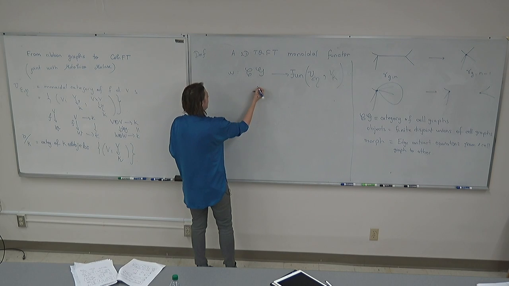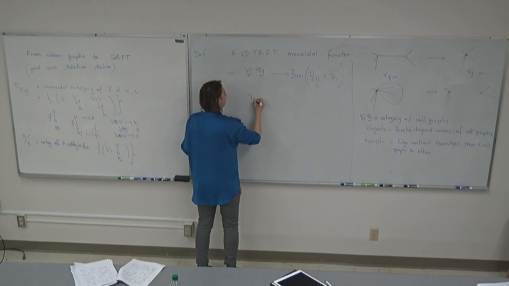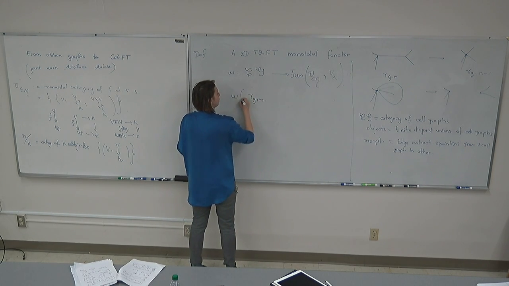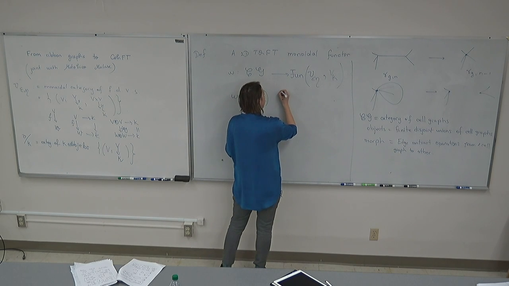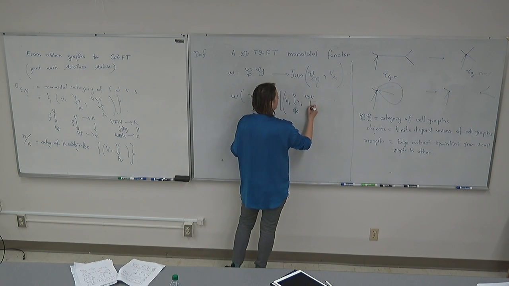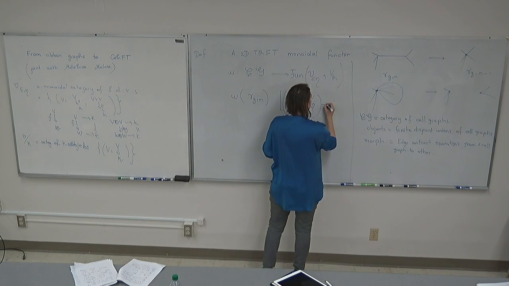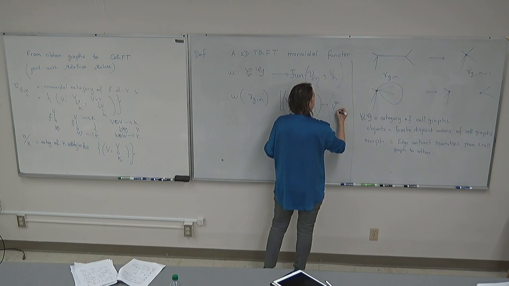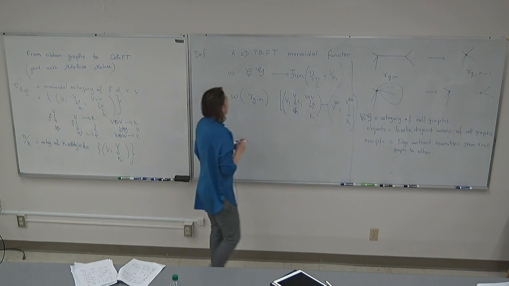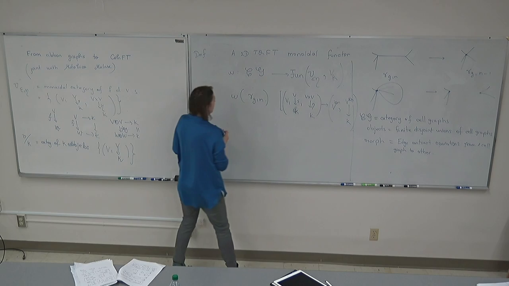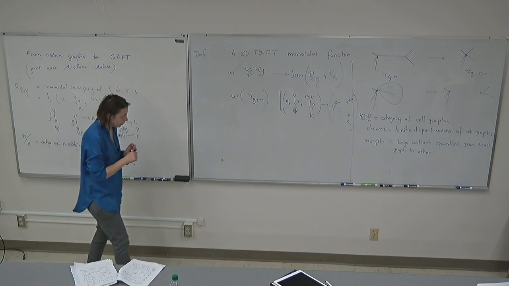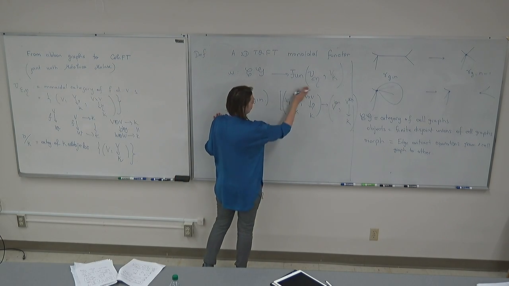To every such cell graph, I'm going to associate a functor that, if I start from a pair of a vector space with a trace and bilinear form, gives me V to the n and a map from V to the n to K, where n is the number of vertices. So this is how it acts on objects.